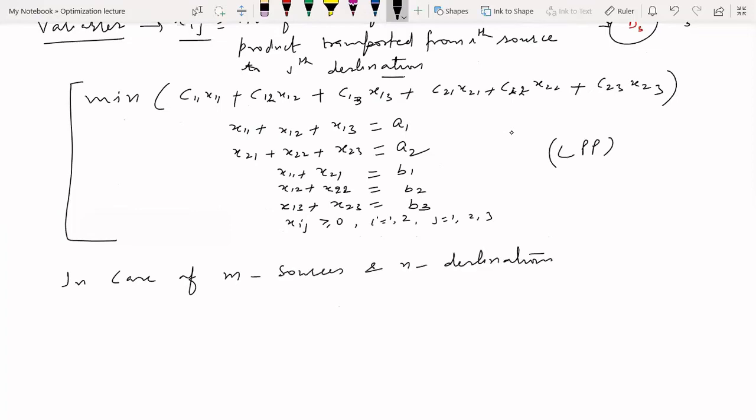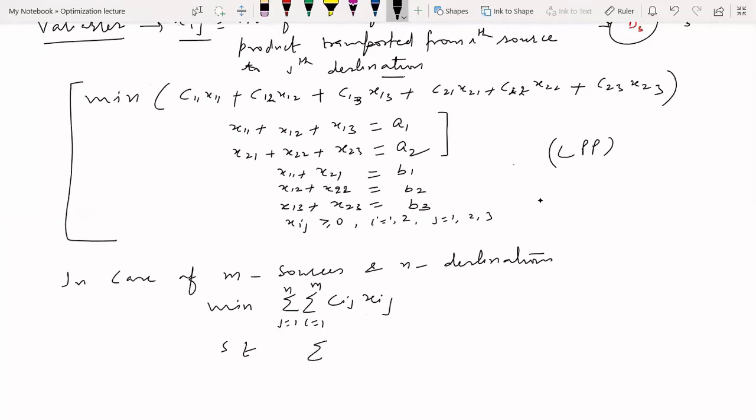you can see my model becomes: minimize summation Cij Xij, i goes from 1 to m, j goes from 1 to n, because I'm taking the sum over all i and j here. If you look at the source constraints, for first source A1, my first index is fixed and the second index is varied over the constraint.